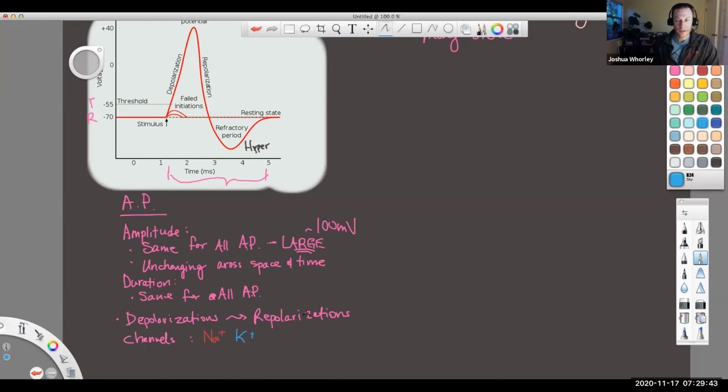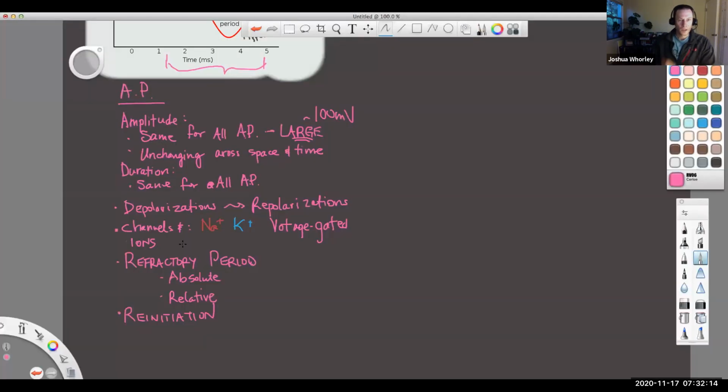And these are always voltage gated channels that are responding, opening and closing. So we've got our ions, always those positively charged ions, always moving through voltage gated channels in action potentials.